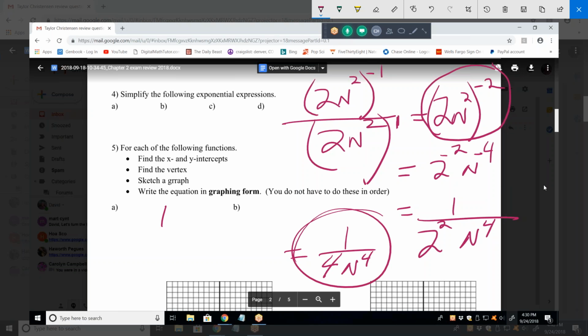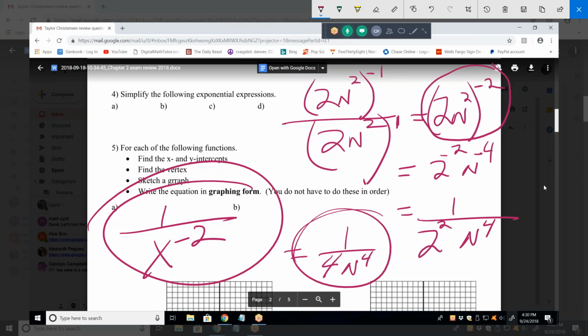It's worth knowing this. What's that equal to? X squared. In other words, if you want to move something that has an exponent to the other side of the fraction bar, just change its sign. So that becomes x squared.